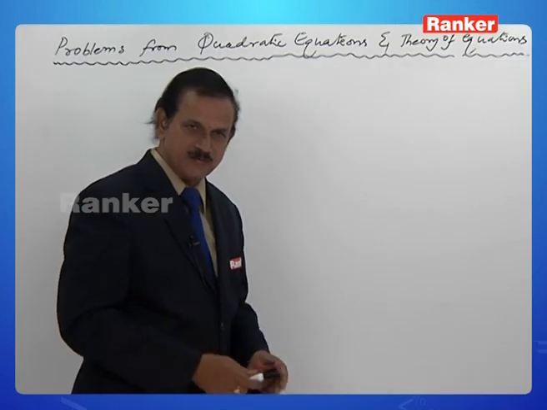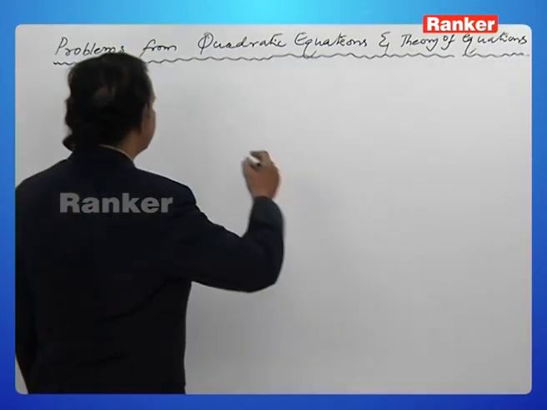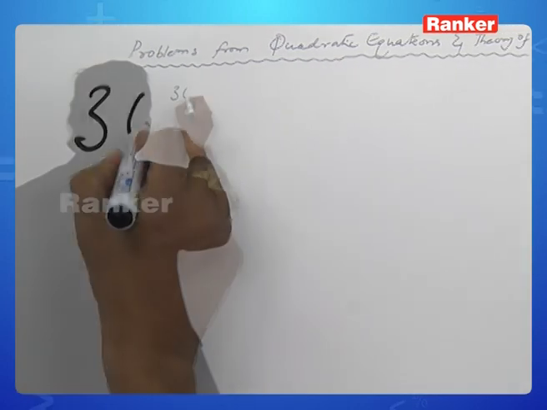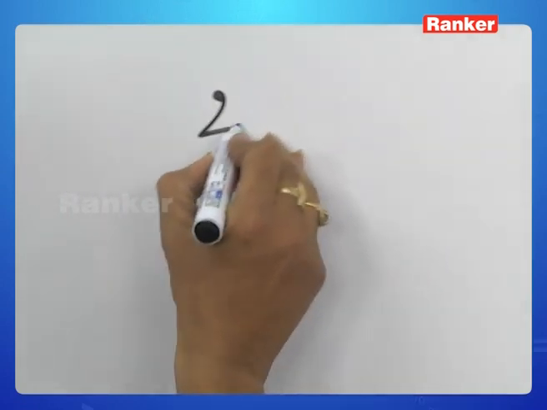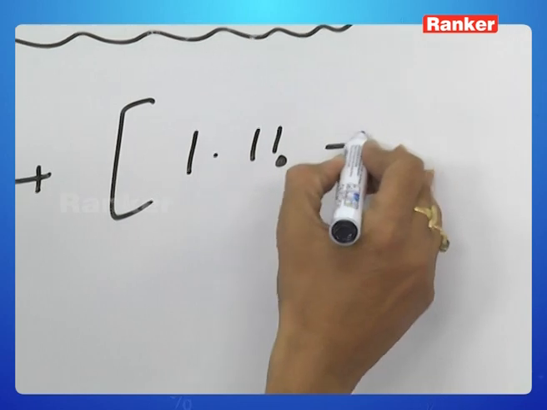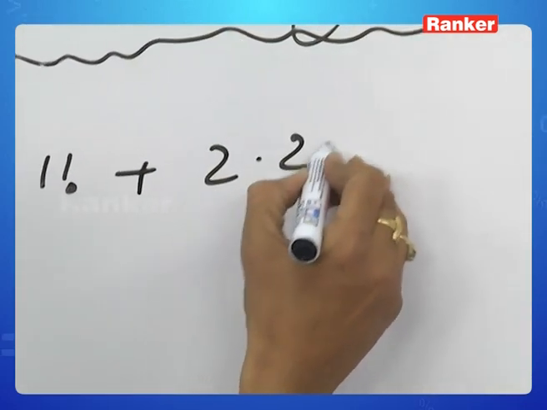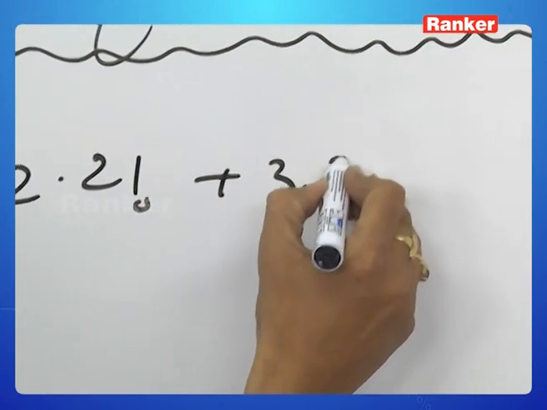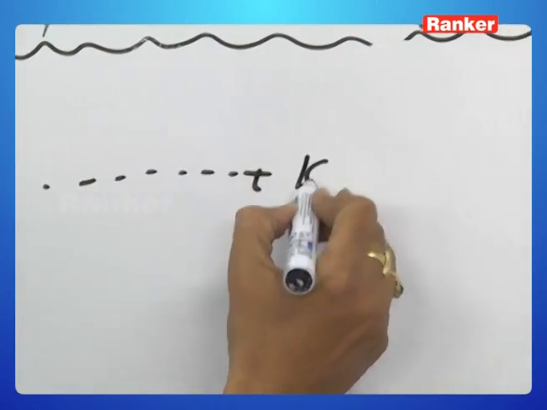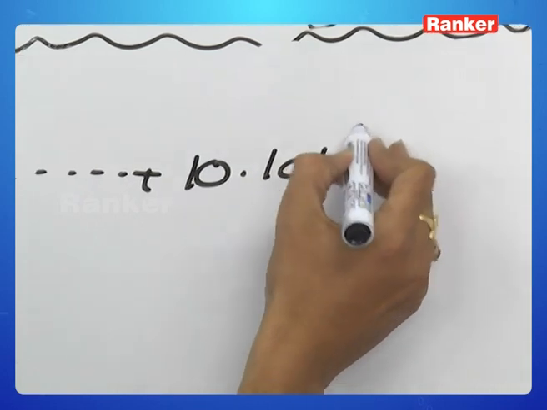Let us observe the given number. The question is question number 36. The given number is 2 plus 1 into 1 factorial plus 2 into 2 factorial plus 3 into 3 factorial plus 4 into 4 factorial plus 10 into 10 factorial.